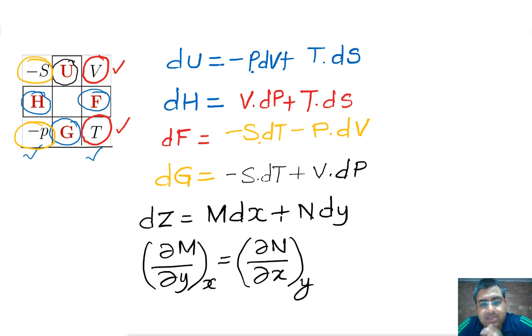So this condition should be satisfied whenever you are taking these four Maxwell equations.